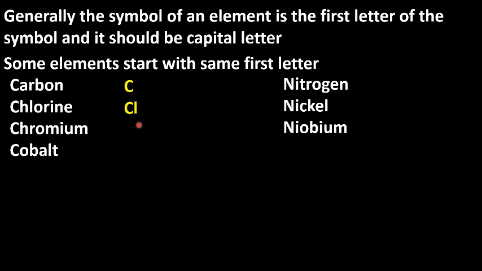Therefore, chlorine has the symbol Cl, chromium has the symbol Cr, cobalt has the symbol Co. Here, please keep this point in mind. While writing the two-lettered symbol, the first letter should be a capital letter and the second letter should be a small letter, small in size also. Similarly, symbol of nitrogen is N, symbol of nickel is Ni, symbol of niobium is Nb.